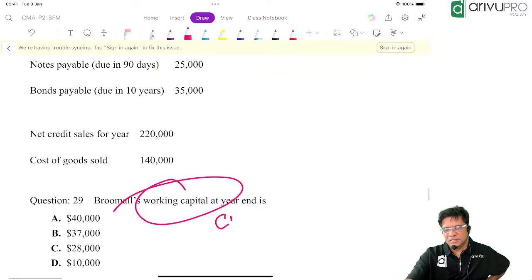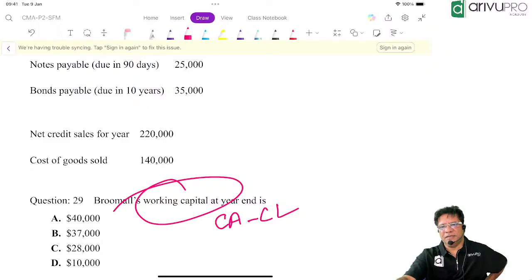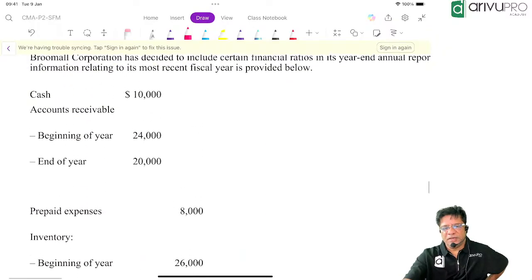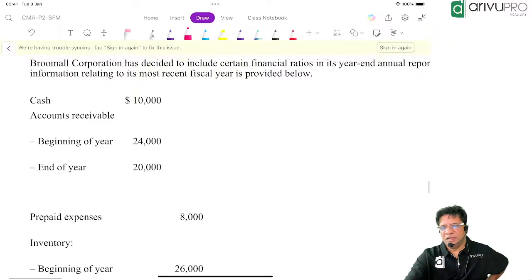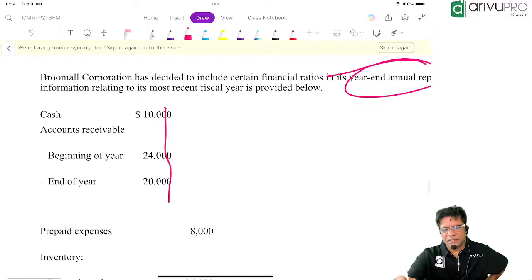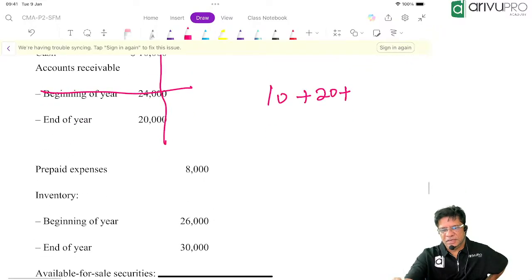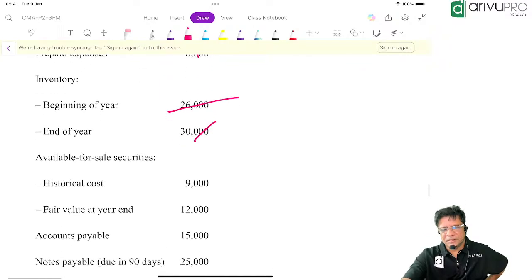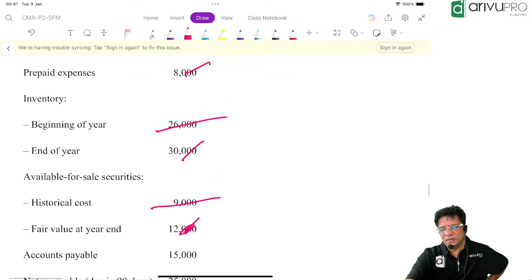Working capital is current assets minus current liability. Okay, current assets at the end of the year, no? Year end. Take the calculator. 10 plus 20 plus 8 plus 30 plus this is also available for sale securities. We always take it at fair value. 12.